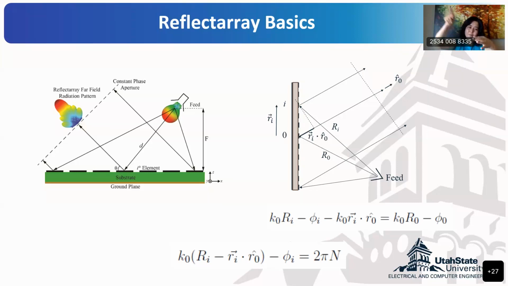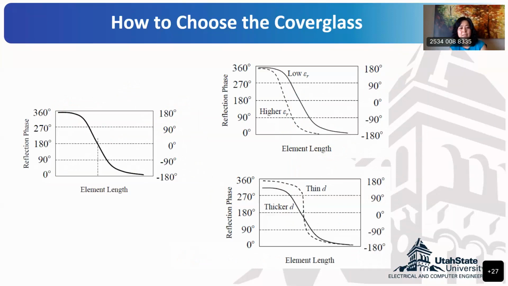So for a wave that it receives from a certain direction, it adds a phase delay so that it bends it to a slightly different direction.